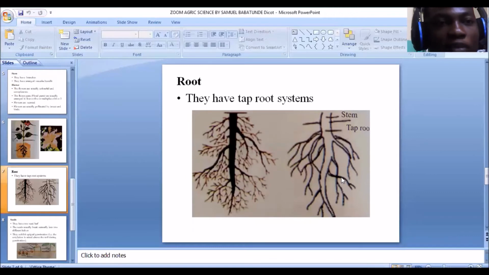So the root system of a dicot plant is the taproot system, but that of a monocot plant is the fibrous root system. Take note. And this is the diagram.